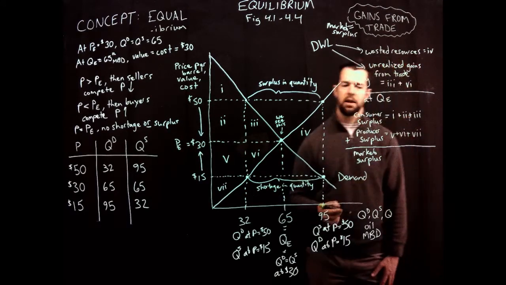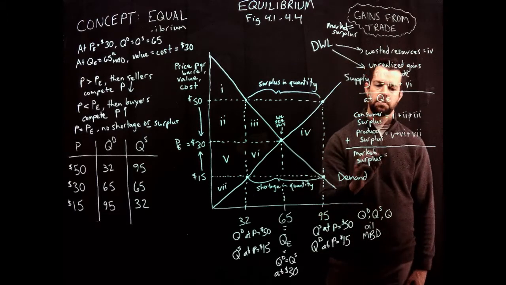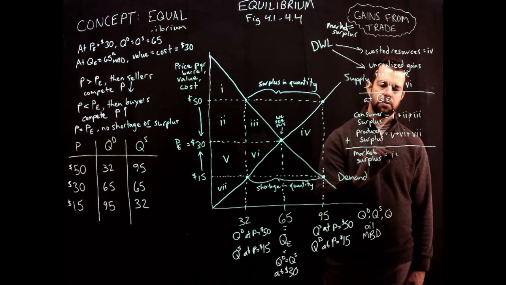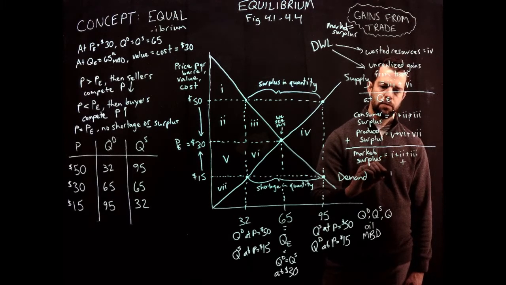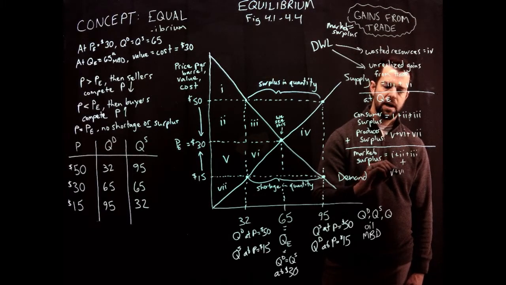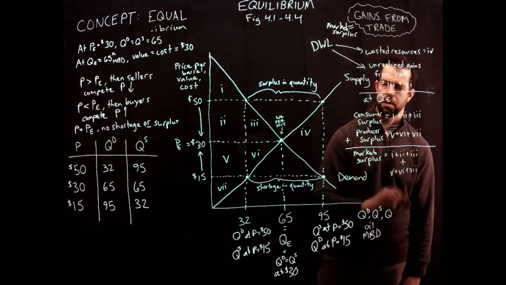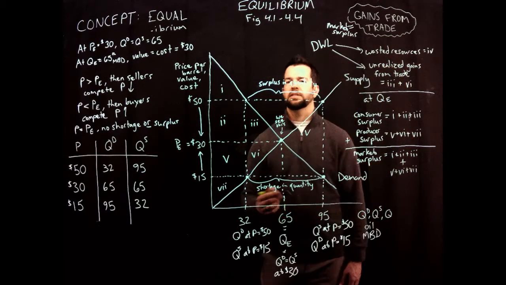Okay, so we add all those together, we get our market surplus, which is I plus II plus III plus V plus VI plus VII. Okay, so society is better off.